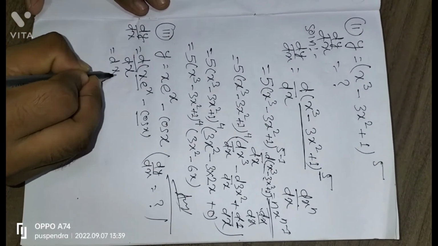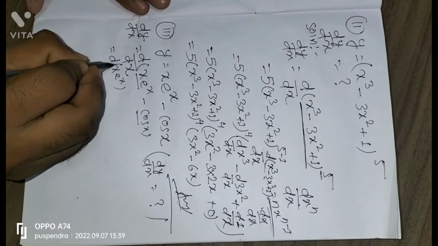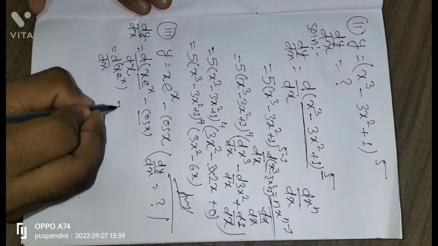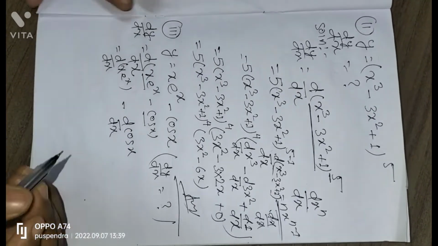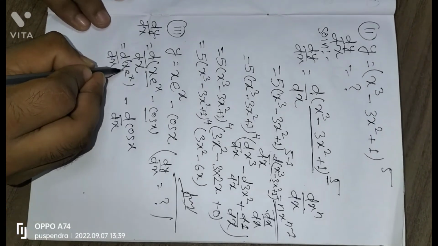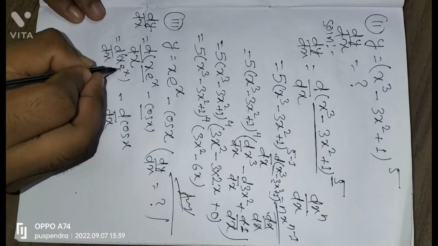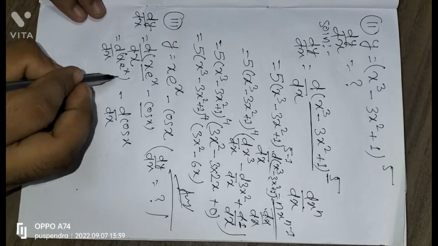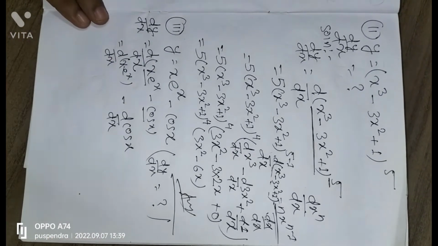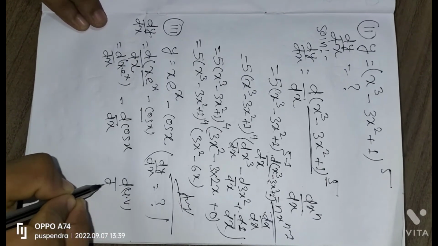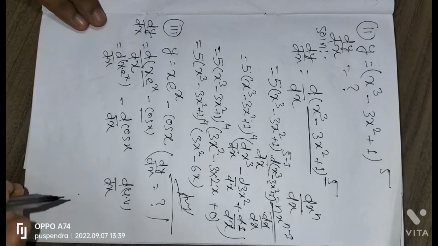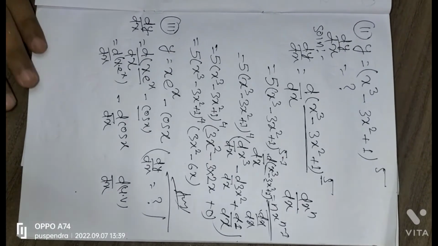Derivative of x e to the power x with respect to dx minus derivative of cos x with respect to dx. Now again here are 2 terms. This is in the form of the multiplication formula, d(uv) with respect to dx. How can we know that? We have a trick.